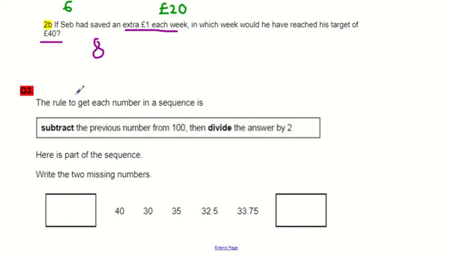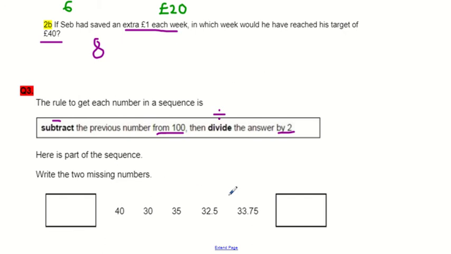So the rule to get each number in a sequence is subtract, which means take away, the previous number from 100, then divide the answer by 2. Here is part of the sequence. Write the 2 missing numbers.